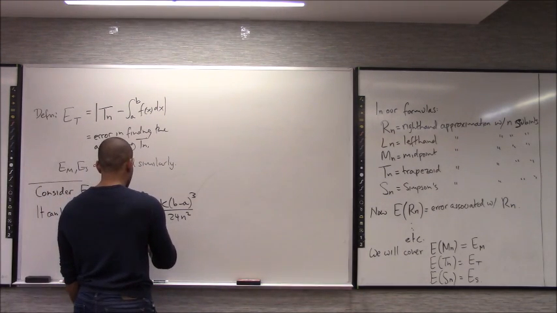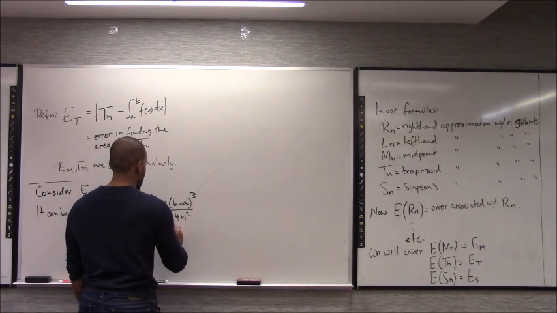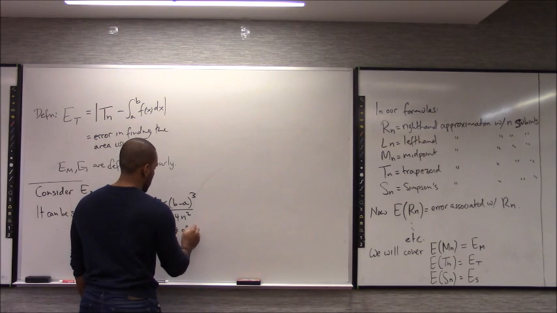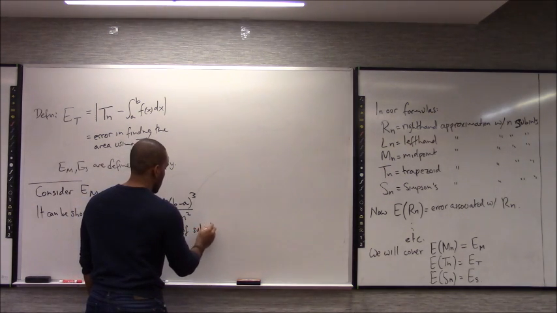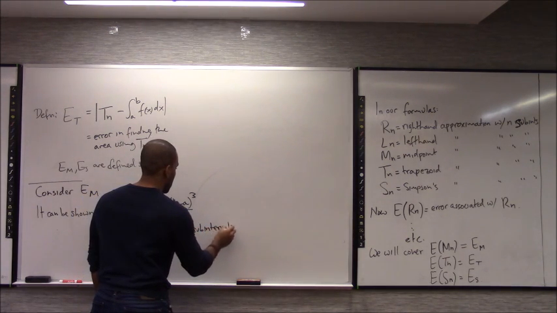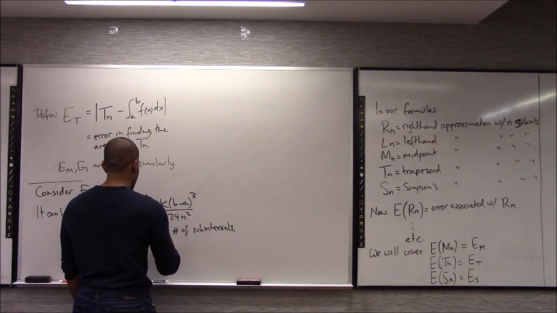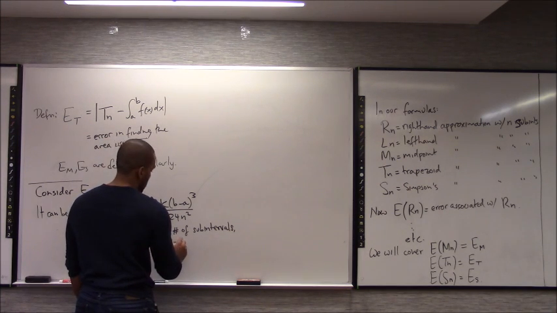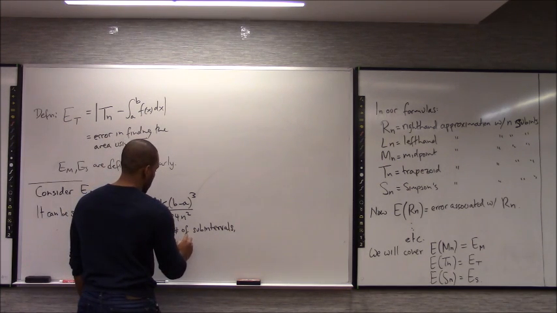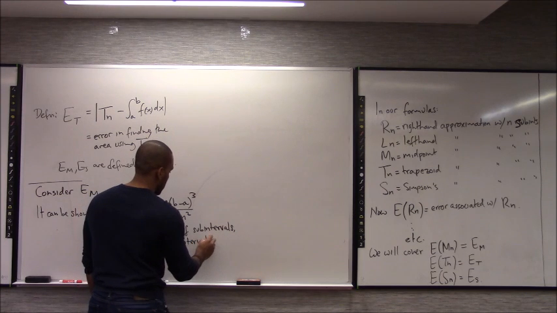Where n is the number of subintervals. AB is the interval under consideration.